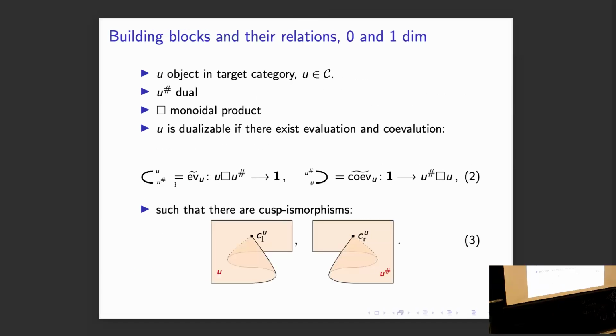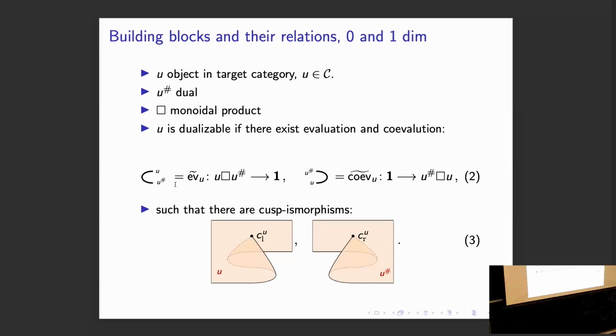So let me start again in the lowest dimensions and say a few words about what is going on in 0+1 dimension. This is similar to the picture I had before for the 0+1 dimensional TQFTs. We now want to associate something to points in the target category that I still have to talk about.